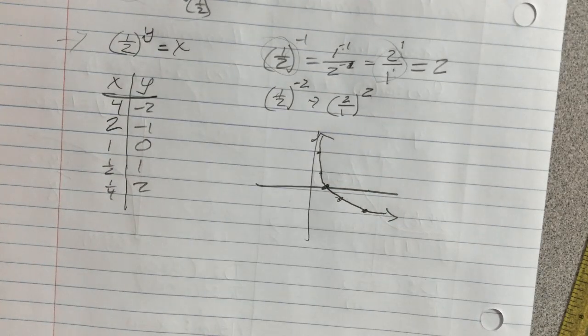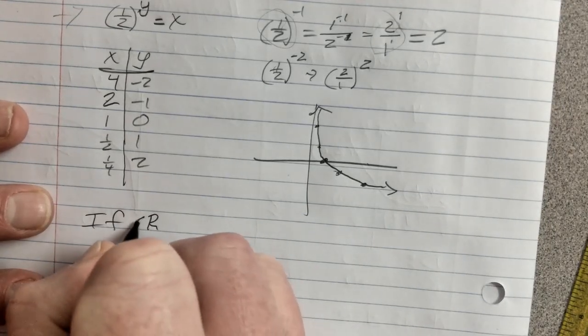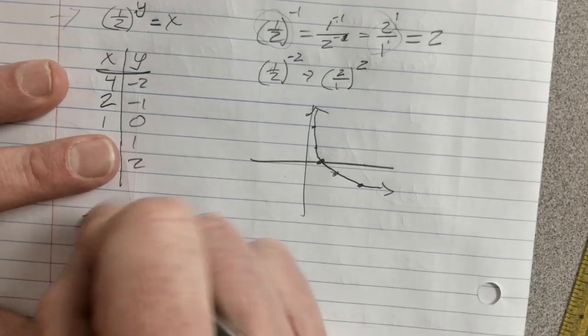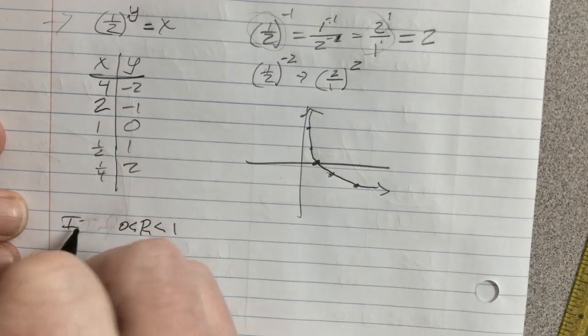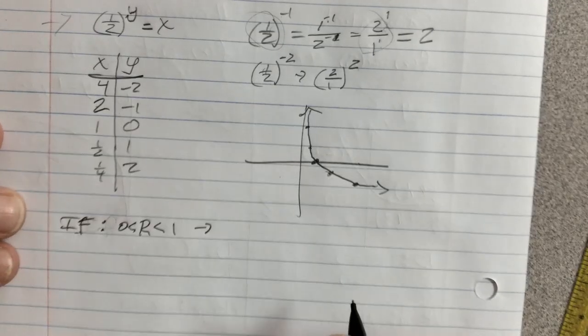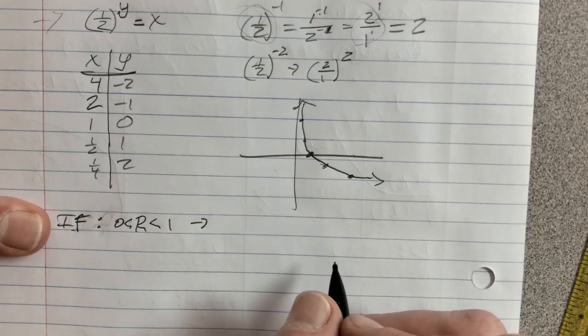Huh? It's a decay. So if r is between 0 and 1, then what can we say about this graph? Is it going to grow or decay? No, decay.